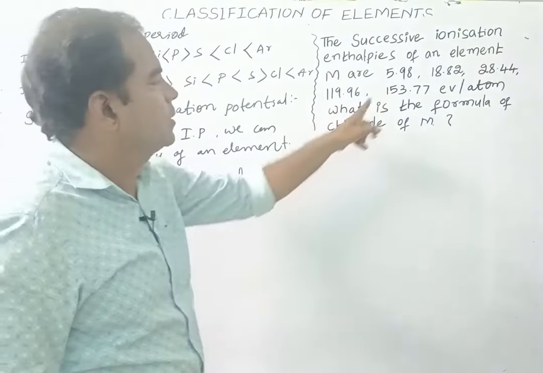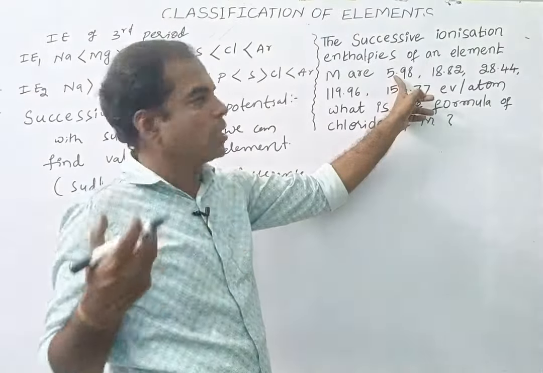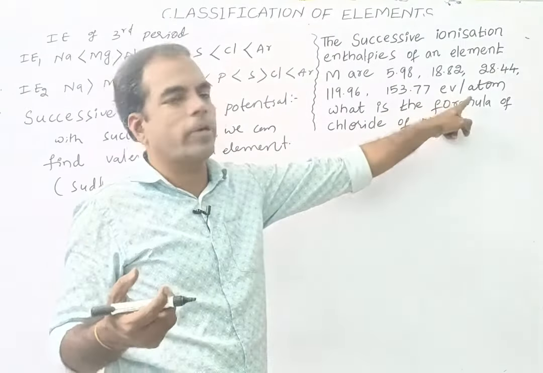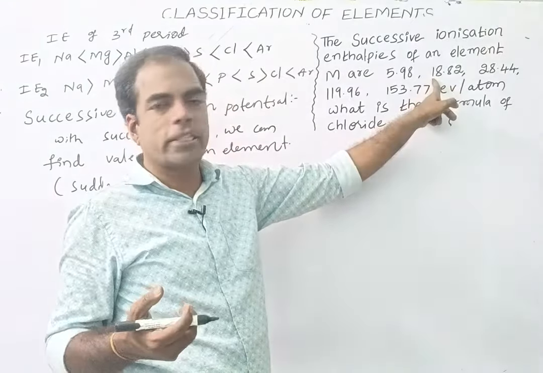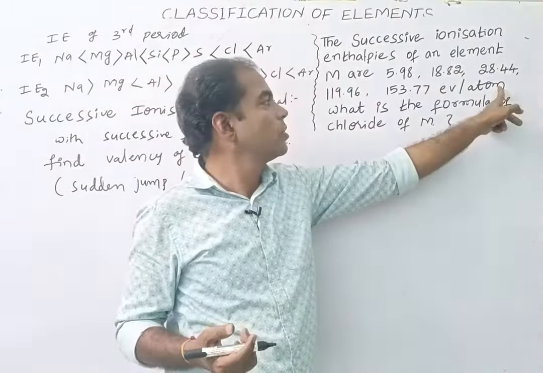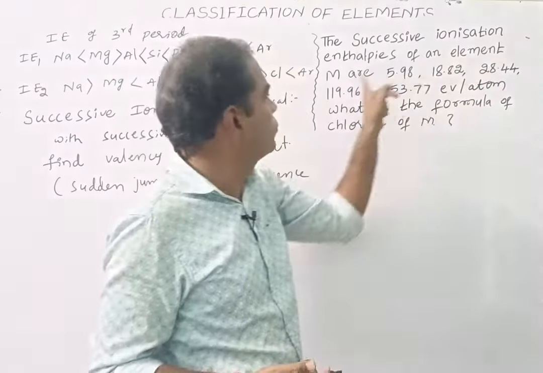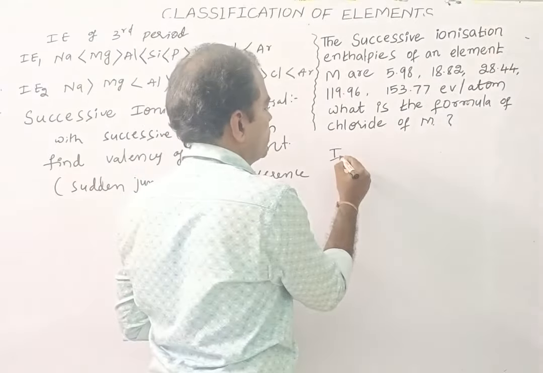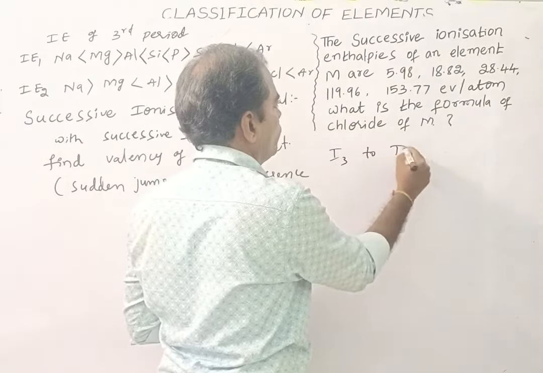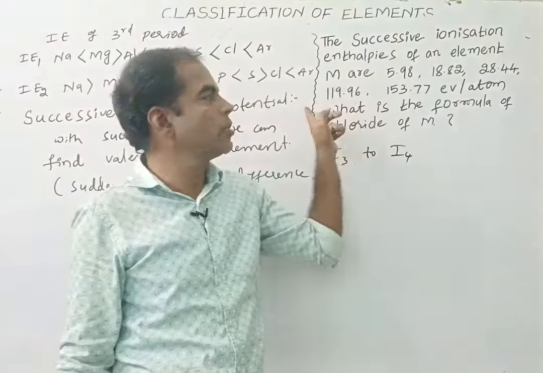Based on this, the first ionization potential, to remove one electron, requires 5.98 electron volt per atom of energy. Next, the second electron, 18.8. To remove the third electron, 28.44. From the third electron to the fourth, that means I3 to I4, there is a sudden change.